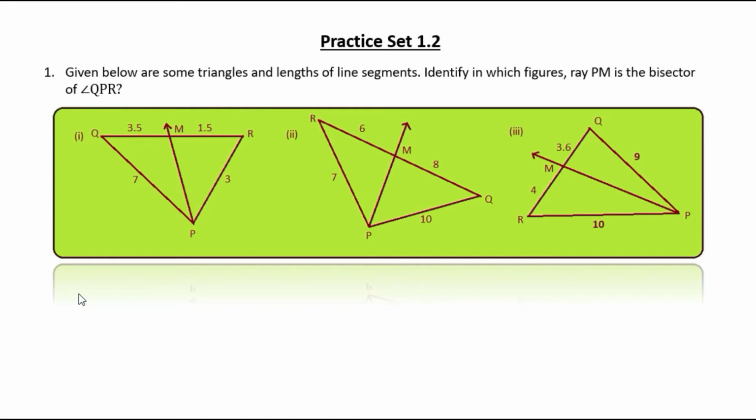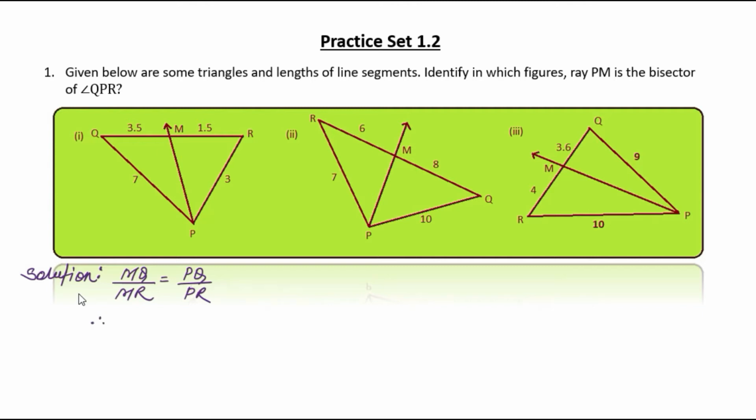The solution for this question is we have to use the angle bisector theorem. So using the angle bisector theorem, we can have a ratio MQ upon MR is equal to PQ upon PR.